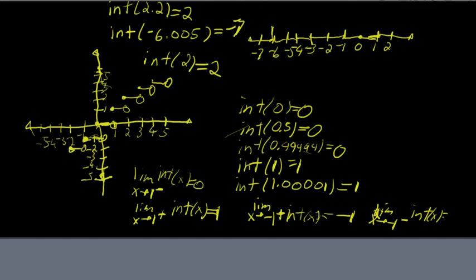The biggest integer that's smaller than or equal to -1.00001 is -2. So you'll notice here that this is an example of a function where the limits as you approach a value of x from the right and the left are not necessarily equal. And they're not equal at the integers, but they are at non-integer numbers.